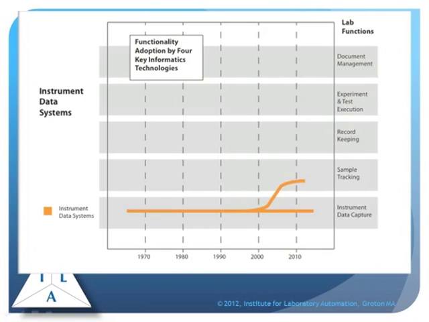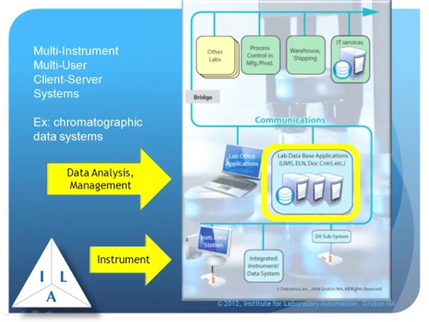Coming back to this diagram, when we looked at the adoption of technologies by different systems, around the year 2000 we started seeing these things split off or take additional capabilities, where a single data system was now a multi-instrument data system and picked up sample tracking capabilities.